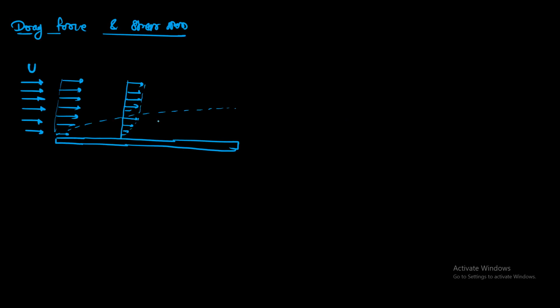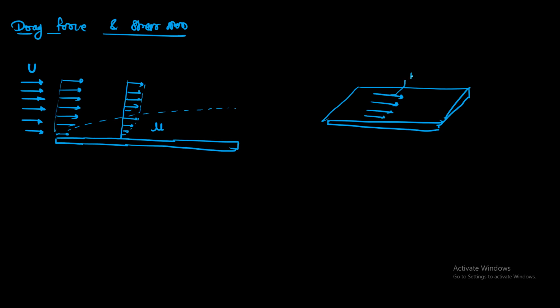Okay. Because of this viscosity effect, that is the mu, a shear stress is produced on the plate. So this is the rectangular plate. So the shear stress will create a force, and this force is called the drag force, that is the FD.